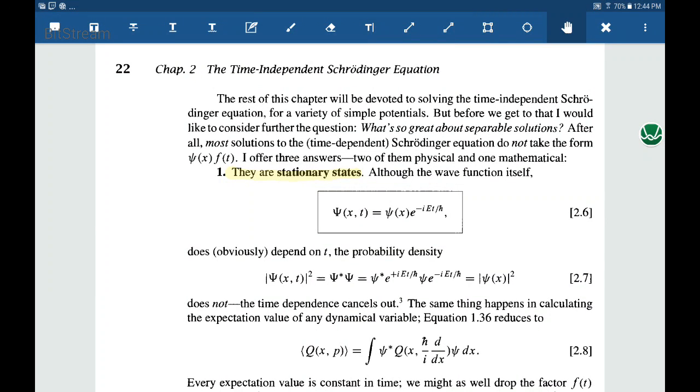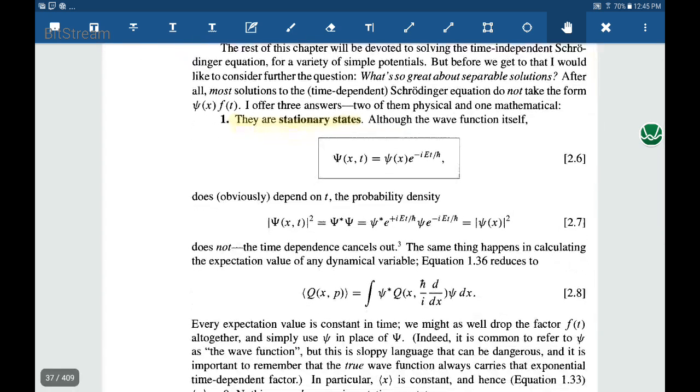Now, the rest of the chapter, as he says, is all about solving for different potentials. So just looking at some simple cases, different potential energies, and using the time-independent Schrödinger equation. But I do want to briefly talk about why it was okay to limit our solutions to separable solutions. And he lays out some really good arguments here.